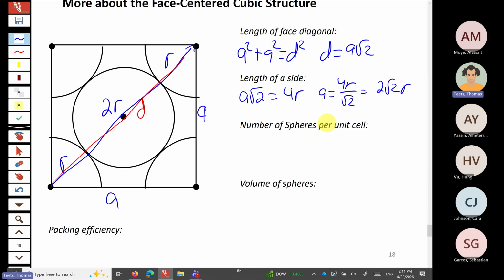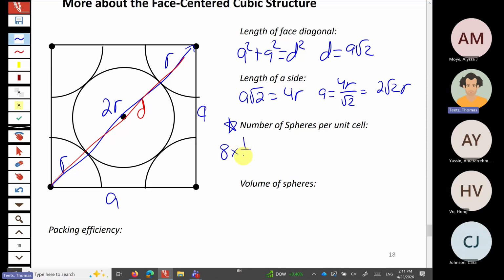Counting the spheres, this again is probably the most important part you should know how to do. We look at the structure, and as we said, there's all 8 corners occupied. That's going to be true for any of the cubic structures. And now we have all 6 faces occupied as well.